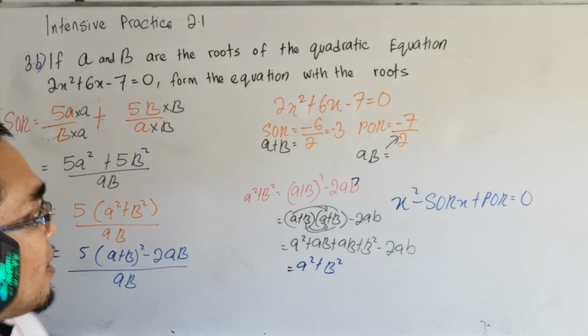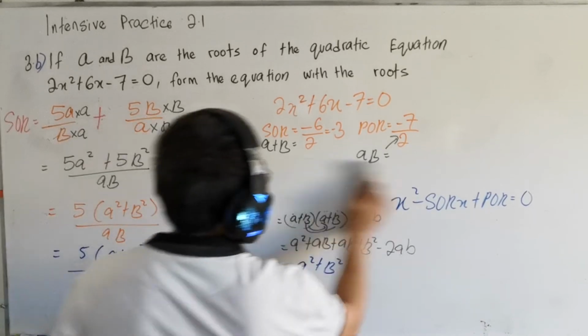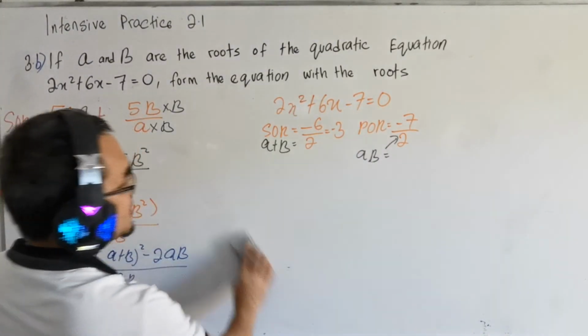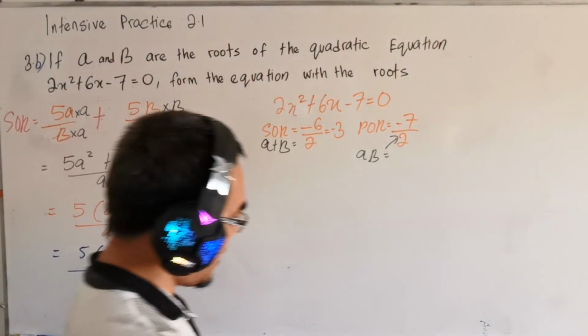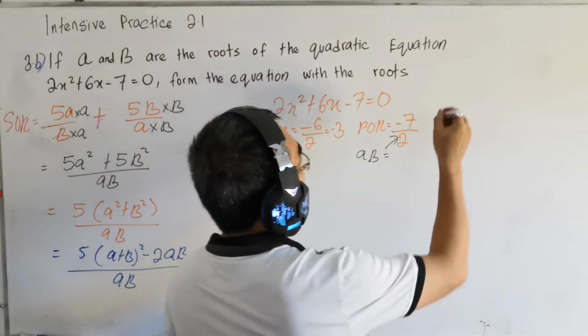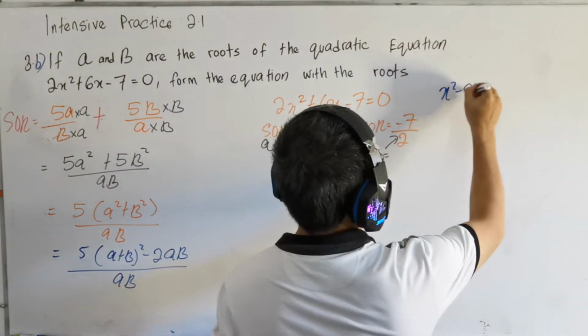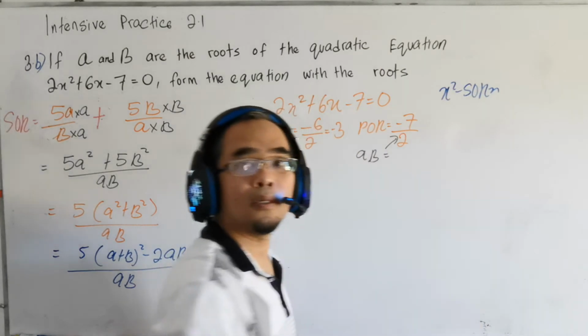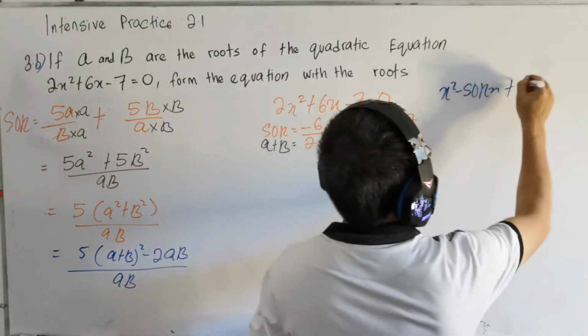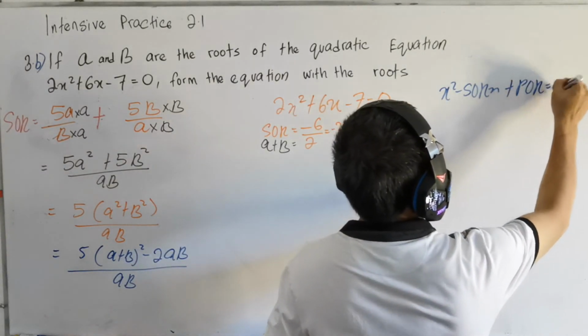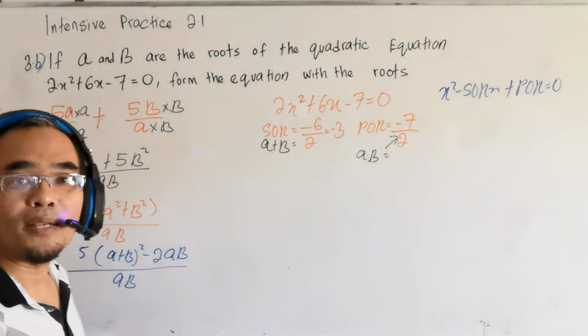Okay, and because of the space, I should not erase that one. The equation will be x squared minus SOR x plus POR equals 0. Okay, I hope you can see clearly.